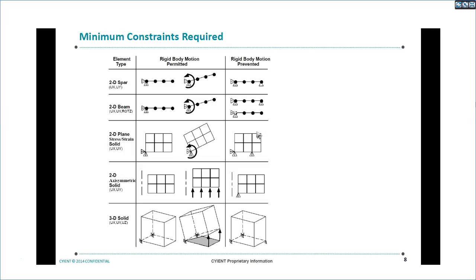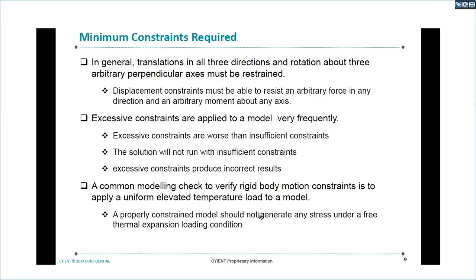That means constraints are less than the minimum constraints. So we should be able to give minimum constraints to the model. Some examples on 2D aspects are listed here. You can review it. I'll provide this document.